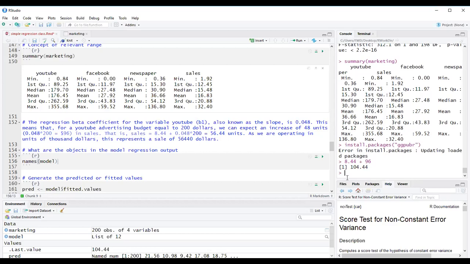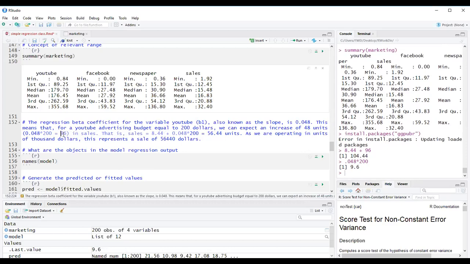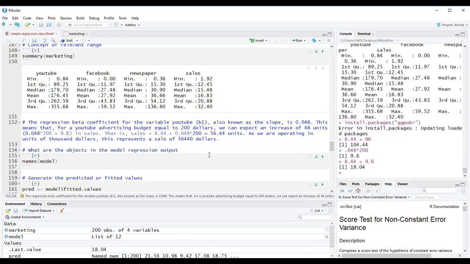Sorry, mali yata ako. 0.048 times 200. Sorry, 9.6 lang to. So this should be 9.6. So sales is 8.44 plus 9.6, which is $18.04.